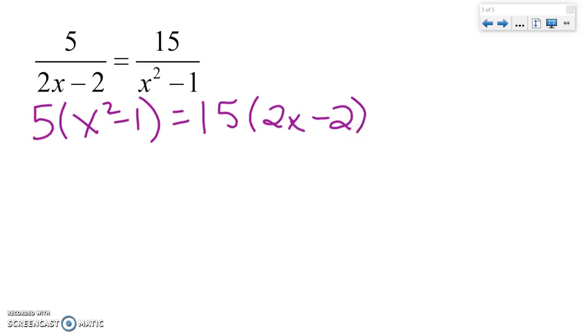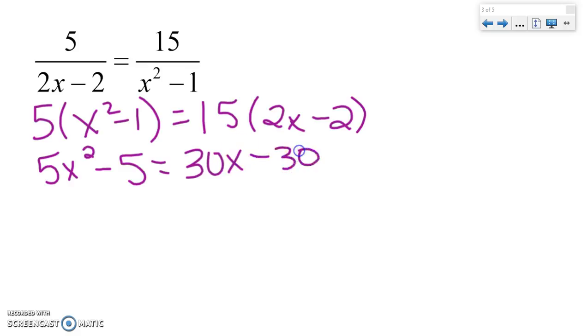And I'm going to distribute. So I'm going to have that 5x squared minus 5 is equal to 30x minus 30. Now, because this is a quadratic, and we already know how to solve a quadratic, I know that this has to ultimately be equal to 0.